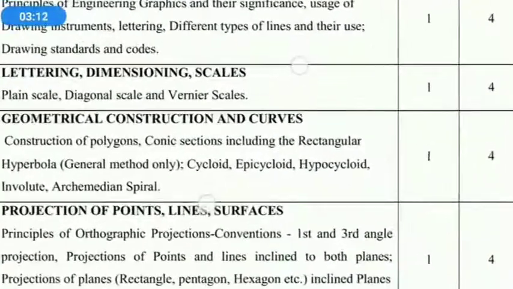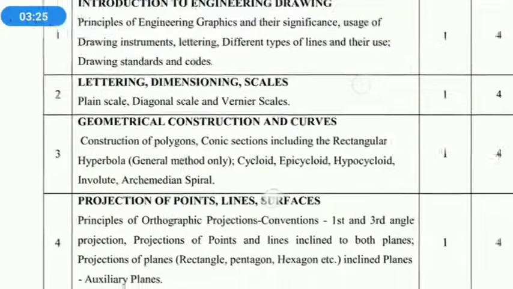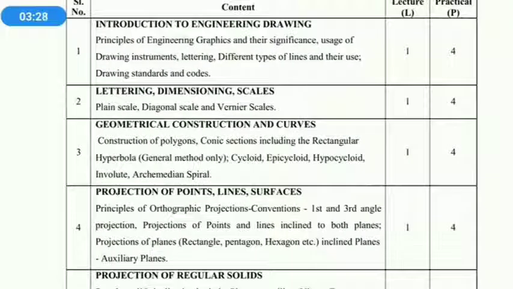Now coming to the second module, we have lettering, dimensioning and scales. In the scales we have plane scale, diagonal scale and vernier scales as well. It also has 1 lecture and 4 practical periods.